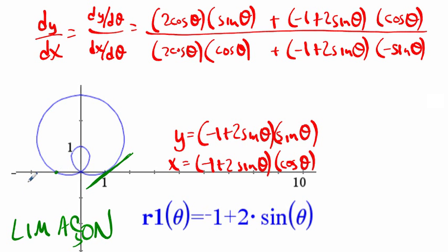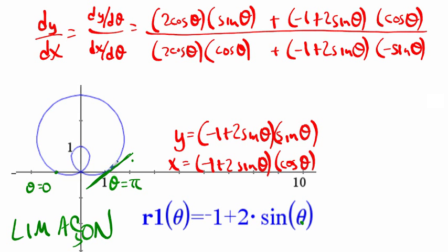So we figure out that this is the point where theta corresponds to pi, because sine of pi is 0, 2 times 0 is 0, -1 is -1. So you start at -1 and then rotate around pi, and boom, there you are.